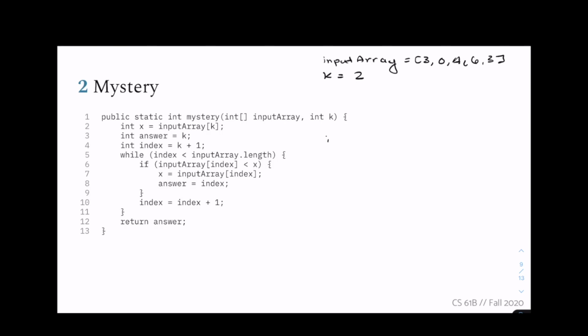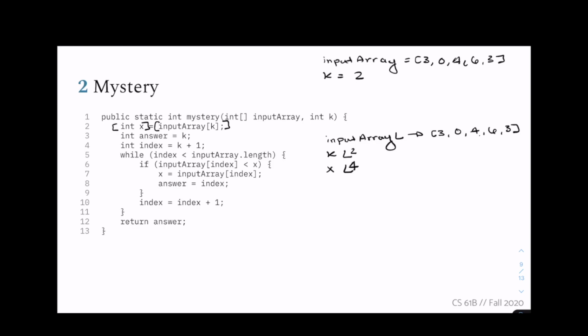So first we pass in input array, which gives us 3, 0, 4, 6, 3, and k, which is just 2. Now the first thing we do is we declare a new variable called x, and we set it to be equal to input array[k], which means we go into input array, we say 0, 1, 2, we take that value and put it in x.